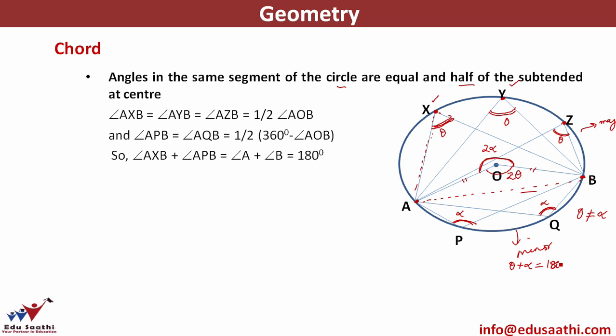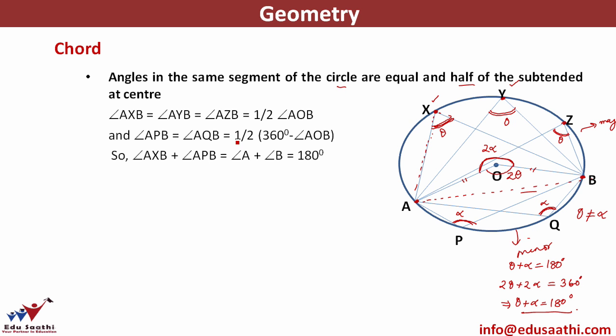Theta and alpha would sum up to 180 degrees, because 2 theta is the angle subtended at the center in the major arc and 2 alpha is the angle which is subtended at the center by the minor one. This has to be 360 degrees because it is the total angle at the center. So I get theta plus alpha is equal to 180 degrees.